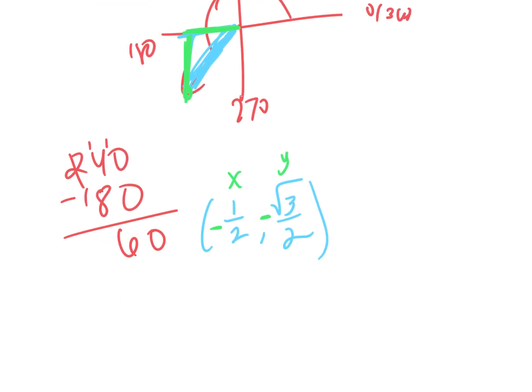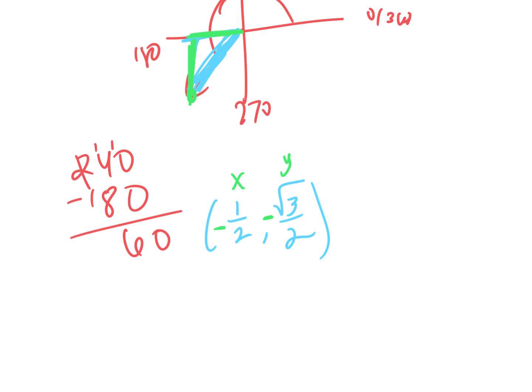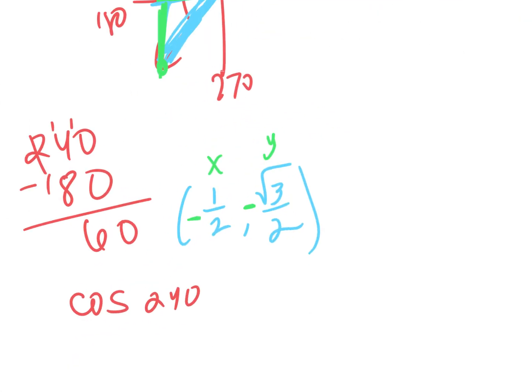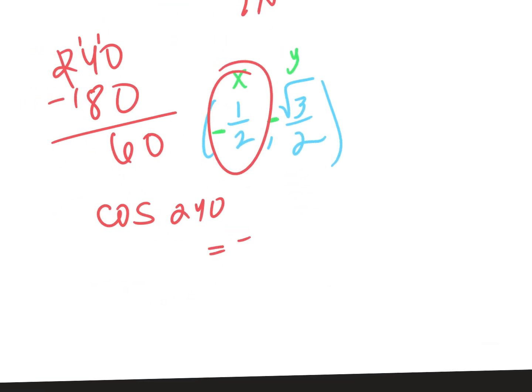So that is the ordered pair that we're talking about from our unit circle. We don't have the whole unit circle, but we can figure out what it is using our special right triangles and knowing what quadrant the reference angle lies in. So now if I'm trying to find the cosine of 240, or 4 pi over 3, well, cosine is my x value, so this answer would be negative 1/2.